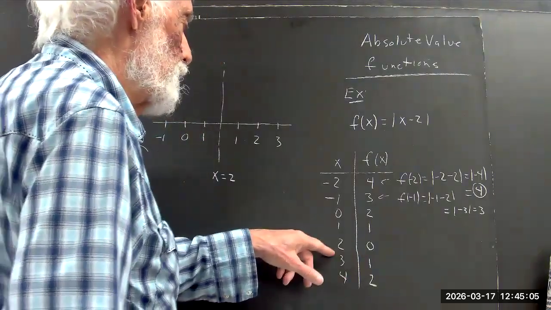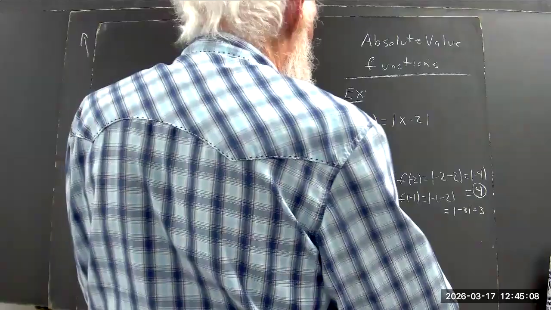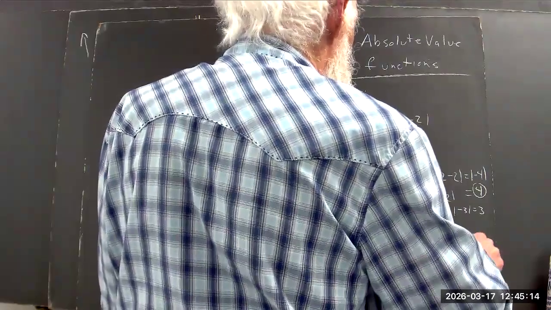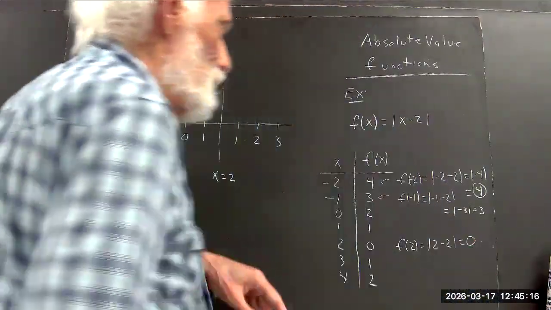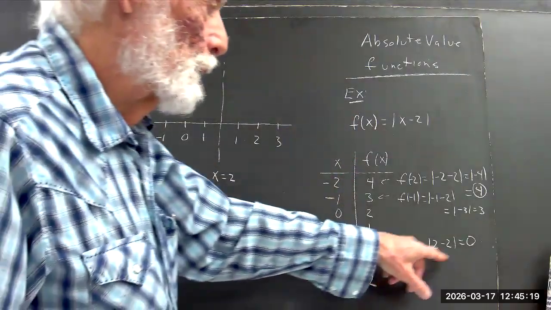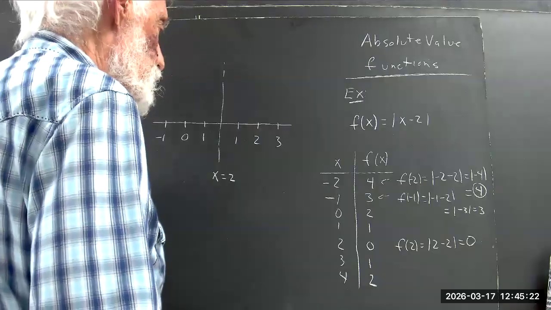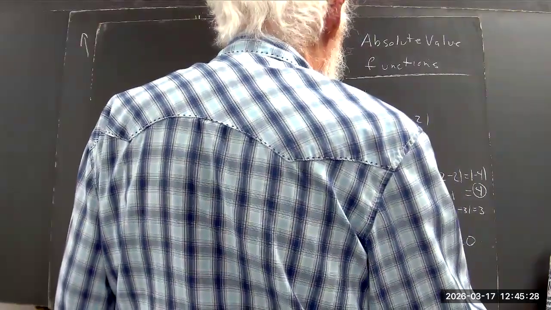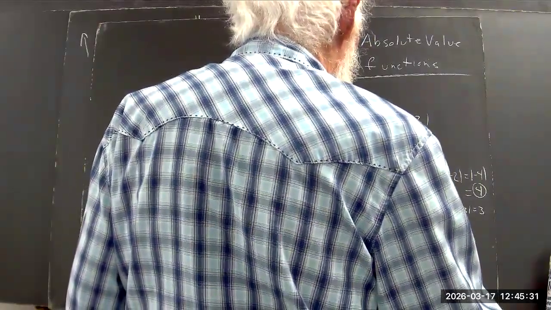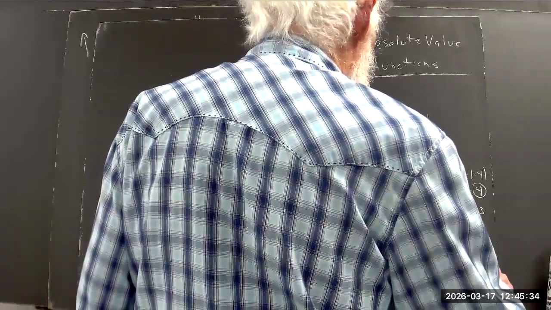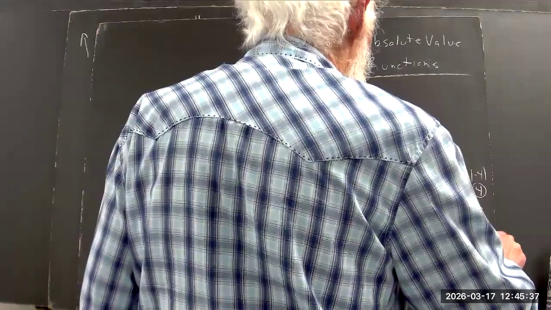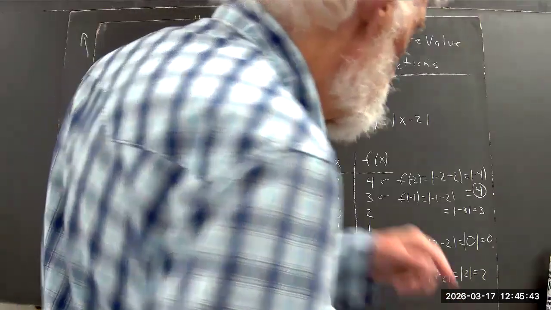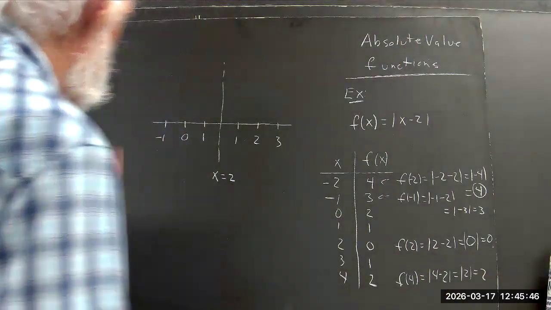Why is f of x equals 0 when x equals 2? Well, f of 2 is the absolute value of 2 minus 2, which is 0. So this confirms the pattern. Now we really ought to write it out for every number. And down here, when x equals 4, f of 4 is the absolute value of 4 minus 2, which is the absolute value of 2, which is 2. And the absolute value of 0 equals 0 here. But there it is.